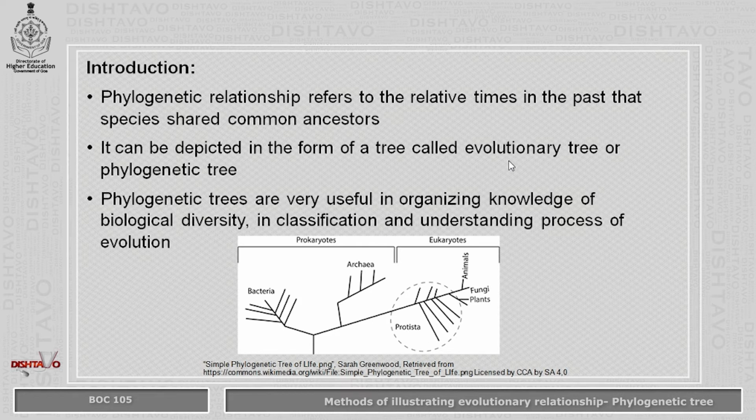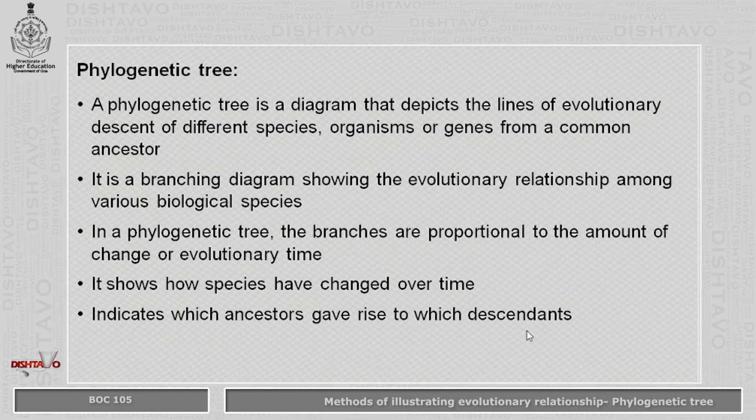So this is one example of a phylogenetic tree where you can see a base, that is the root. Then you will find how different organisms have evolved from prokaryotes to eukaryotes, including plants, animals, fungi, all. Now we will try to learn what a phylogenetic tree is. A phylogenetic tree is a diagram that depicts the lines of evolutionary descent of different species, organisms, or even genes from a common ancestor.